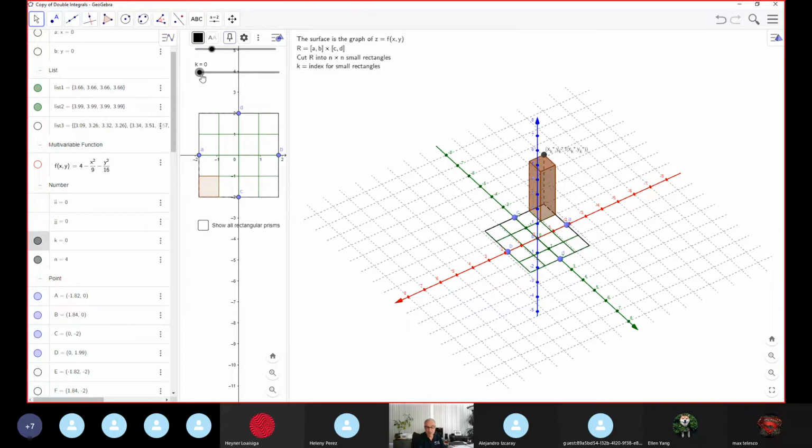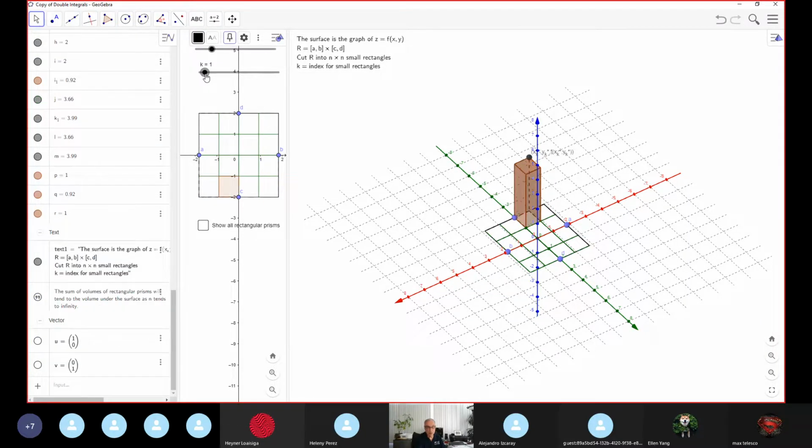Look, this is k0 and the summation k1, 2, 3. I finish one row. I switch into the next row. 4, 5, 6, and so on to complete 16, no? Because of 4x4.